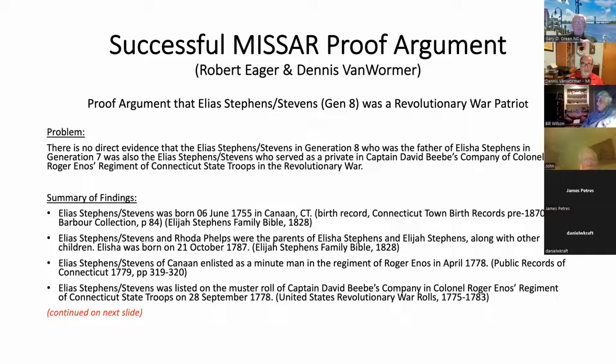We also knew that there was a Patriot ancestor from the same town, proper name, had acceptable service, but we had nothing that said they were the same guy, and that's one of our requirements in the policies, for getting an application approved. We have to show that the lineal ancestor is the same person as the person who is credited with the military service. And there was a lot of stuff.